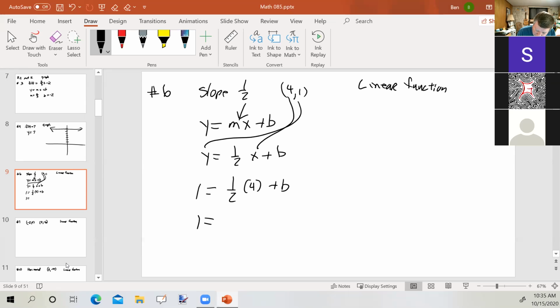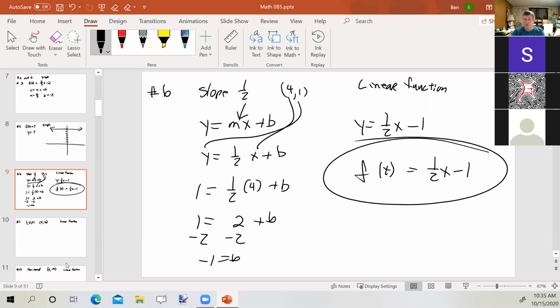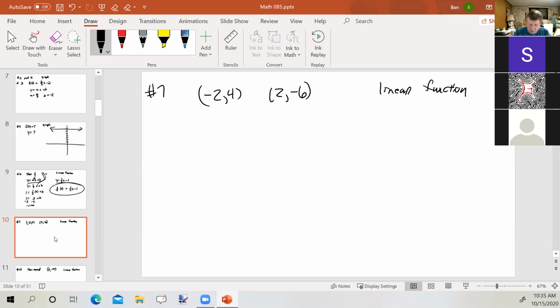Simplifying, 1/2 times 4 is 2. Isolating b, we get b is -1. So y equals 1/2 x minus 1, or f of x equals 1/2 x minus 1. So that's how you would do that problem. Any questions there?